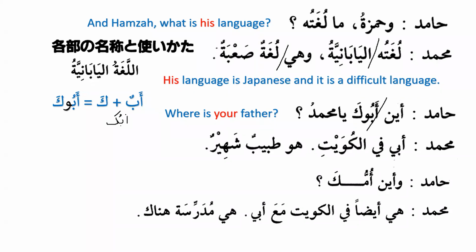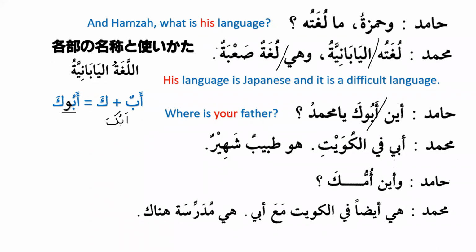But did you notice any change? The change that has taken place over here? There is an extra wow that has been added over here, and it becomes abuka. So please remember that whenever you use it as marfu', whenever you use it as subject, or whenever you use it as predicate, it will always be marfu', and it will always be used as abuka.